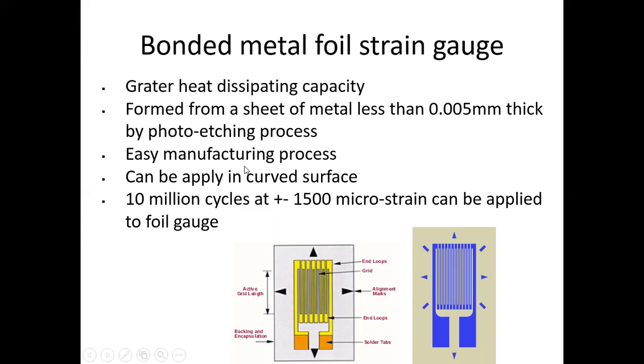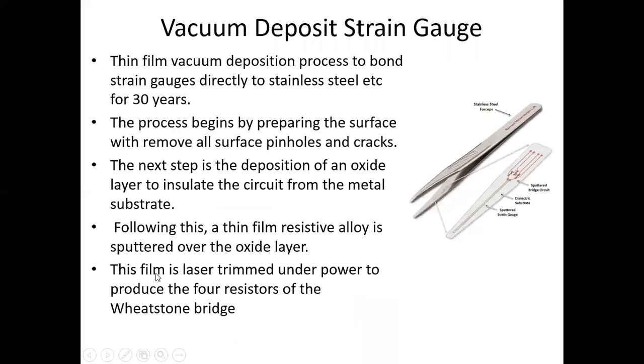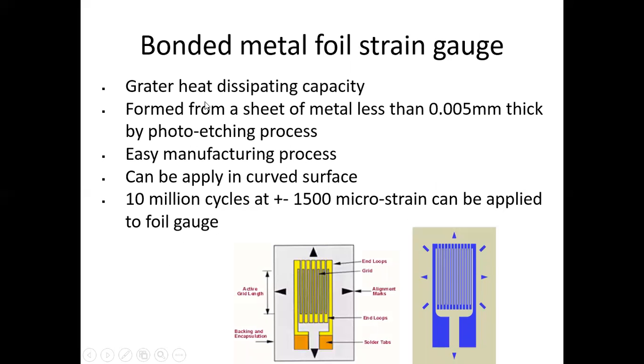Easy manufacturing process. It can be applied on curved surfaces. 10 million cycles at plus minus 1500 microstrain can be applied to a foil gauge. This is your bonded metal foil strain gauge, which is used for the greater heat dissipating capacity.